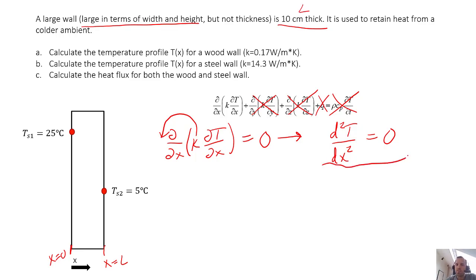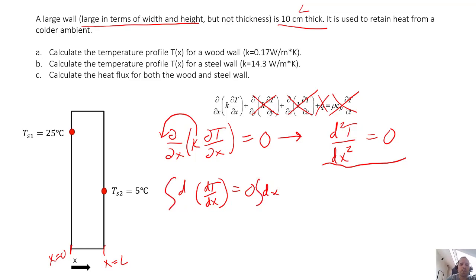So the first thing to do, we could actually break this back up into this form, d by dx of dT/dx. This is just saying the derivative of the derivative is equal to 0. We could multiply both sides through by dx. So we would get something that looks like this. So we've separated. Now we're going to integrate.